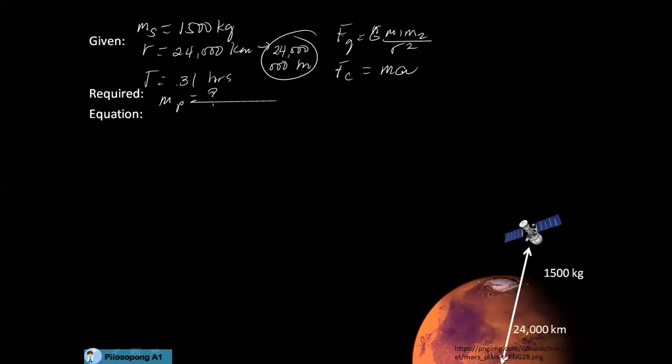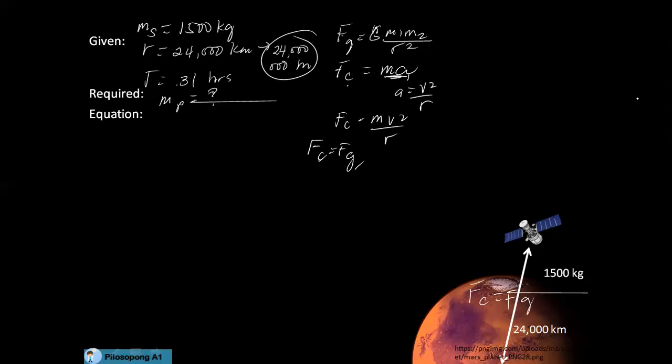Since it is in circular motion, a is equal to v squared over r. So inserting that equation here, we have Fc is equal to m v squared over r. Again, Fc is the same as Fg. This force pulling the satellite in the orbit is the centripetal force and also the gravitational force. So Fc is equal to Fg.